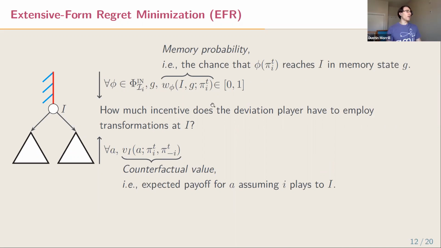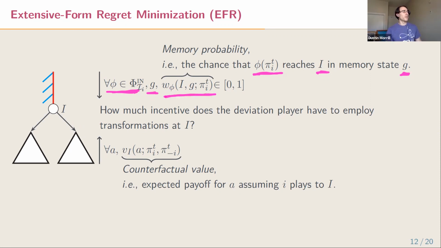From the top of the tree, we need something a little bit more complicated. So we need to keep track of the memory probability. That is the chance that the deviation strategy that we get from applying deviation function phi to the learner's current strategy pi I t reaches information set I in a particular memory state G. So this is over all such deviations, all behavioral deviations, and all memory states that are realizable by those transformations.